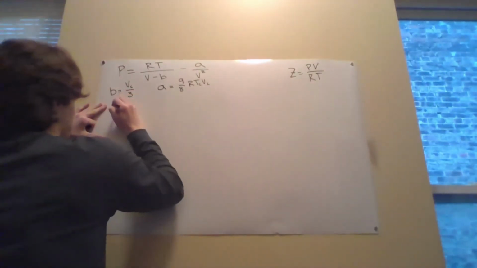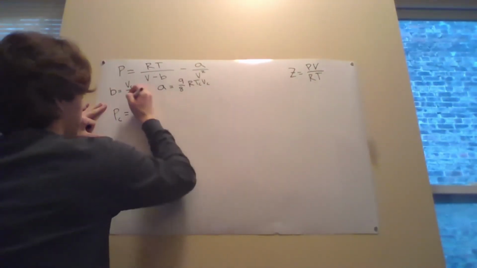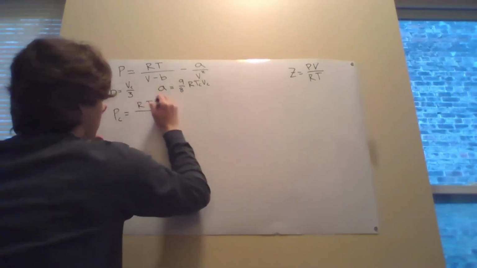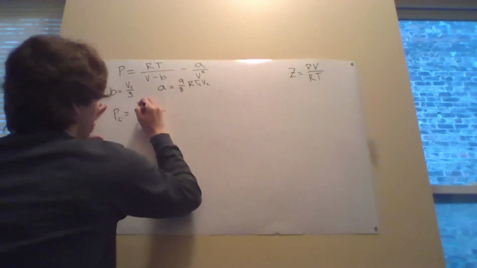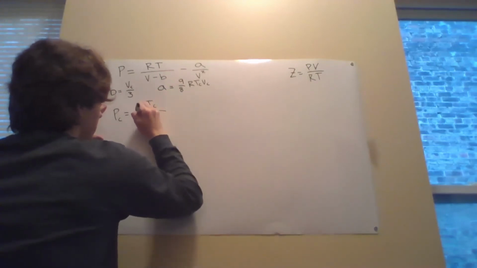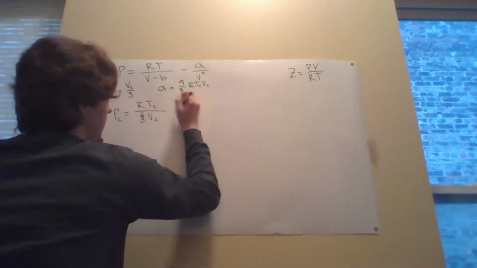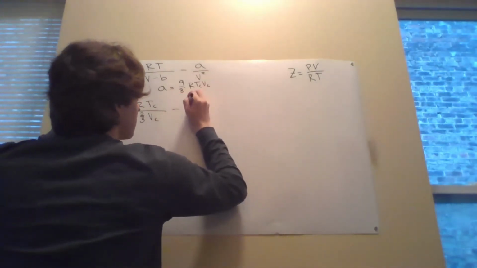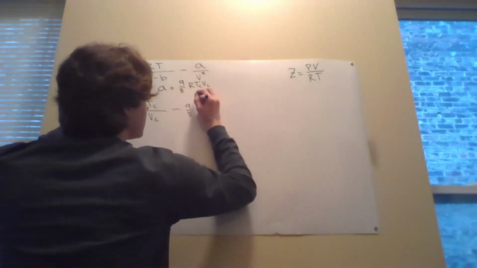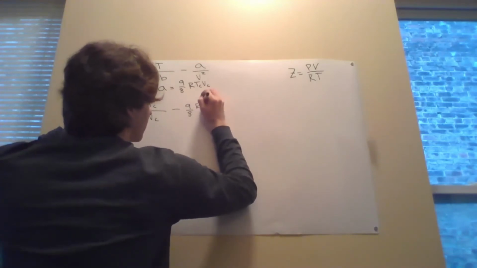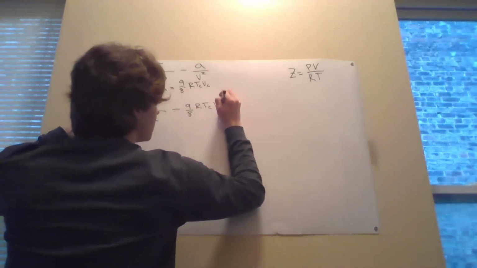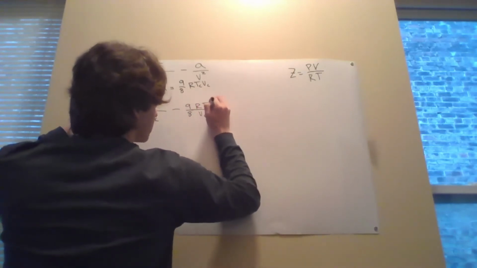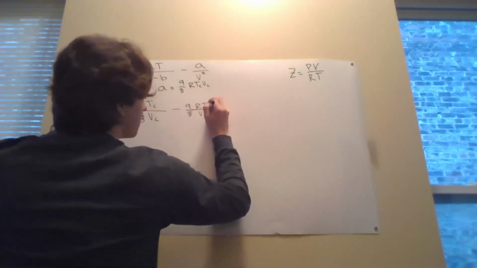Since we're at the critical point, the critical pressure equals R times the critical temperature over, plugging B in, 2 over 3 times the critical volume, minus, plugging A in now, 9 over 8 times R times the critical temperature times the critical volume over the critical volume squared. This will cancel out with one of these.